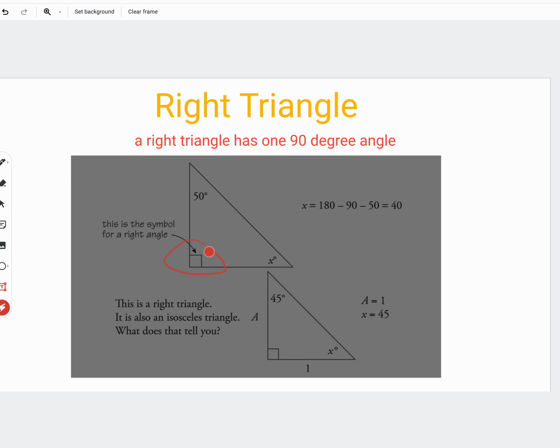This is the symbol for a right angle. Here we have 50 degrees, 90 degrees. The total will be 180. The difference here will be 40. Therefore, x will be equal to 40 degrees.